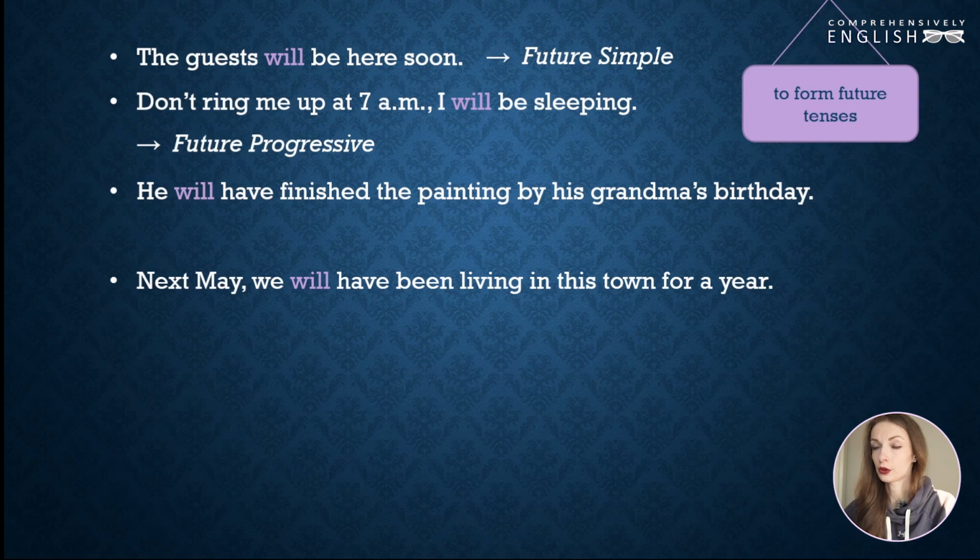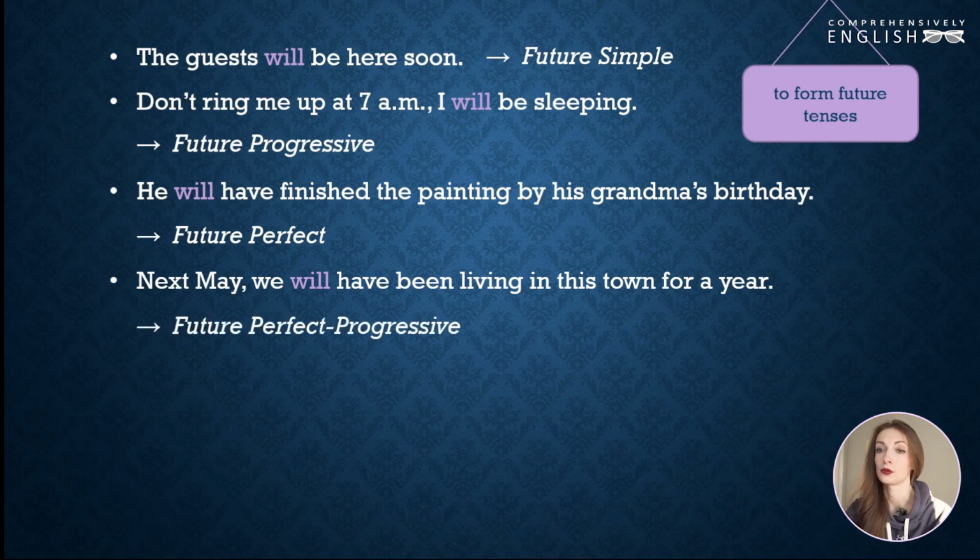This is the future progressive tense. It shows us an action in progress in the future. He will have finished the painting by his grandma's birthday. This is the future perfect tense. We speak about an action which will have been finished by a particular moment in the future. And the last one, next May, we will have been living in this town for a year.